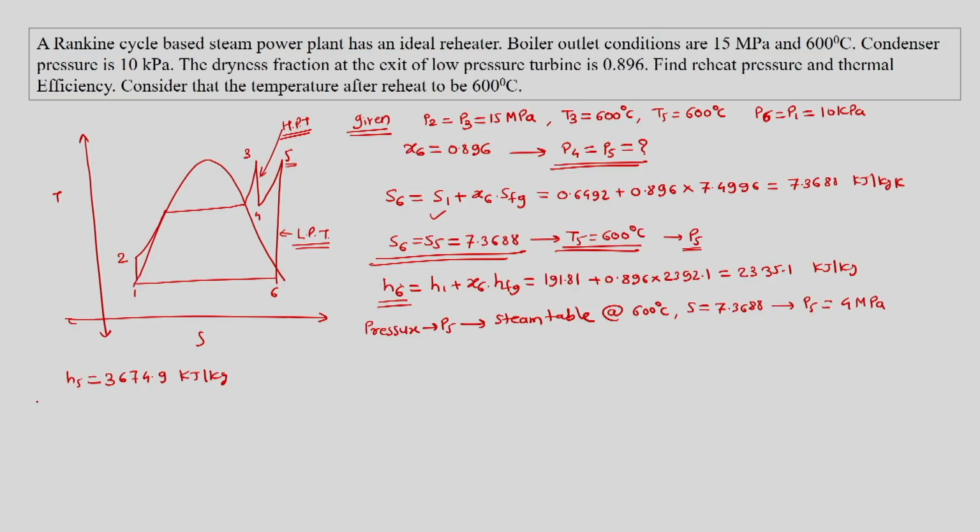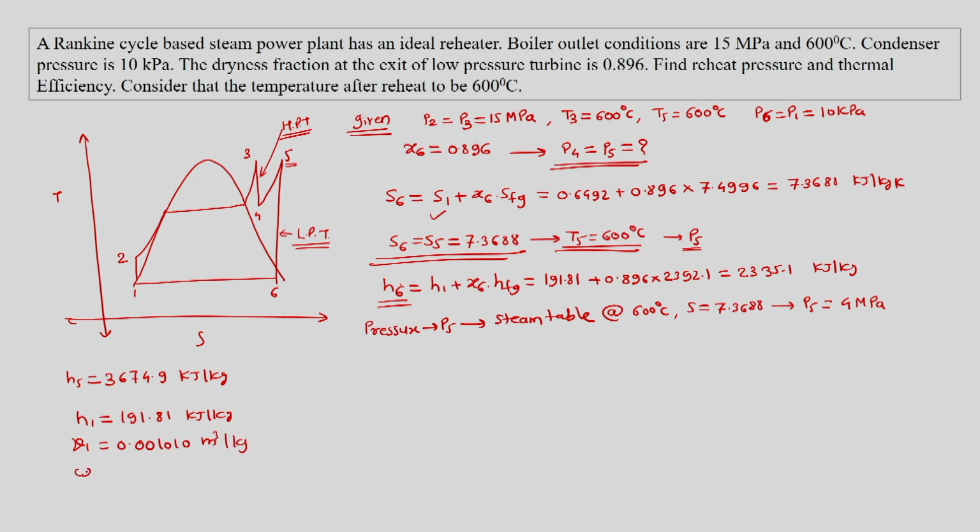So now we will proceed with the other things. First we know H1, and H1 for us is 191.81 kilojoule per kg, and then we should know V1, and this is 0.001010 meter cube per kg.